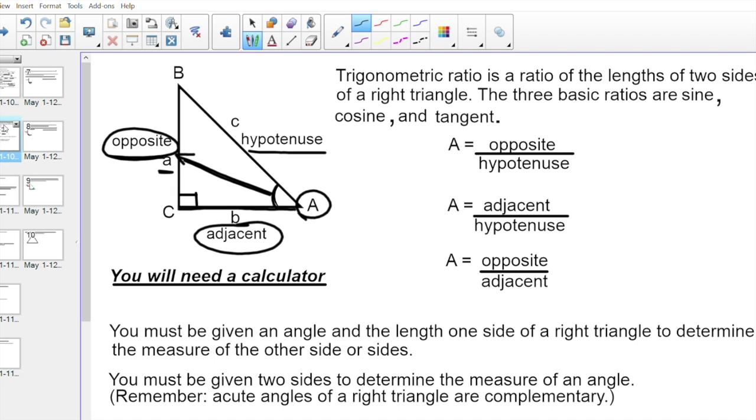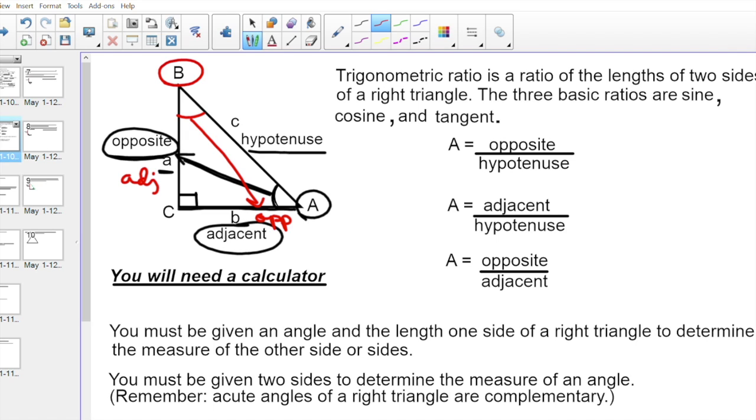Now, if you change it up and use B as your reference angle, this is what's going to happen. If you use B as the reference angle, then this side away from it would be called the opposite side. So you have to be careful in knowing which angle, because if this one is the opposite, then the other is the adjacent side.